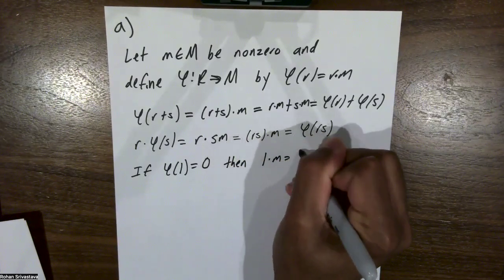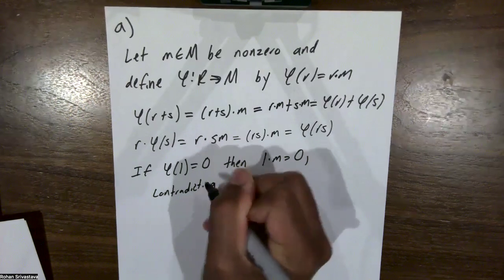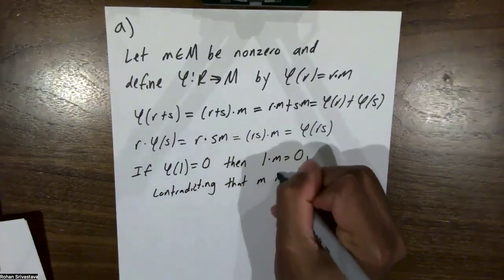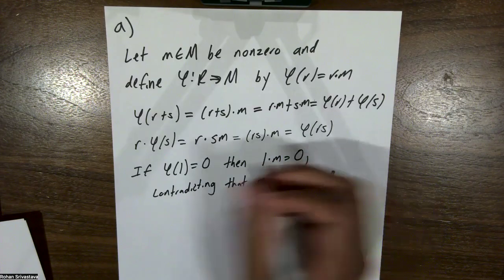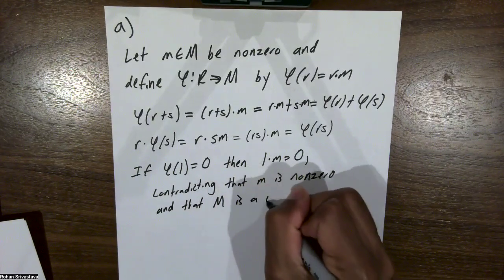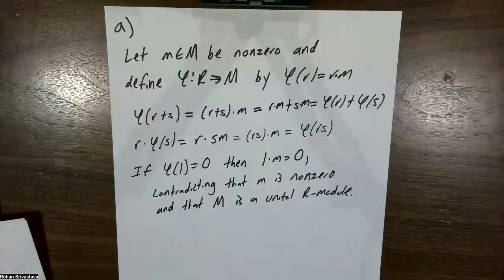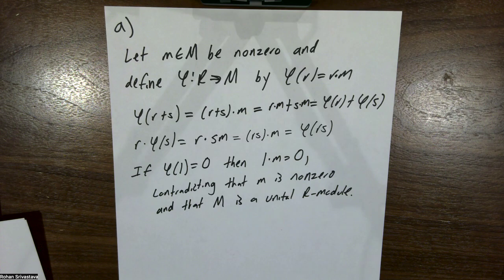Then 1 acting on m is equal to 0, contradicting that m is non-zero and that M is a unital R-module, which was stated explicitly in the instructions for this section of the qual, so that 1 acting on any element of M should send it to itself.